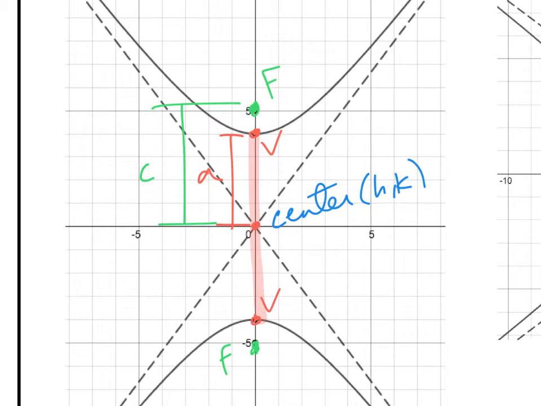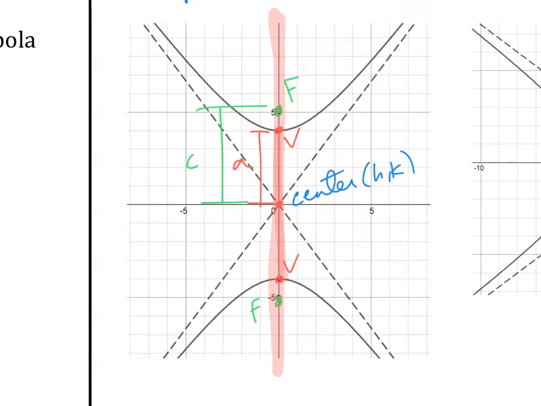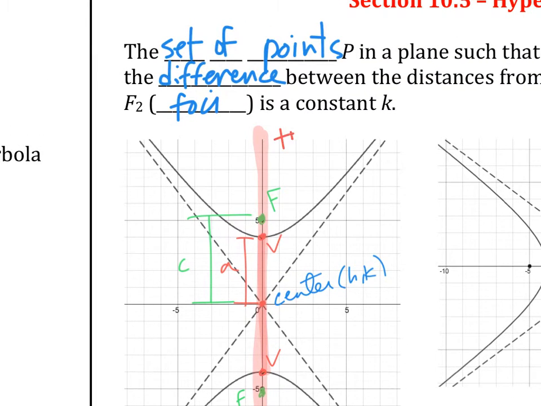Now let's talk about some axes. These axes are totally different from the ellipse. So the long one where the hyperbola is opening on is called the transverse axis. Sorry, writing so bad.